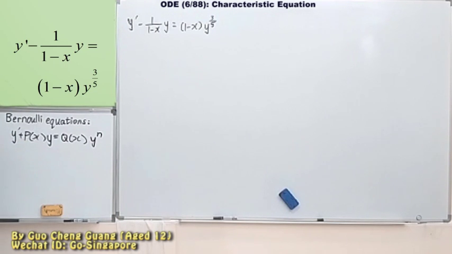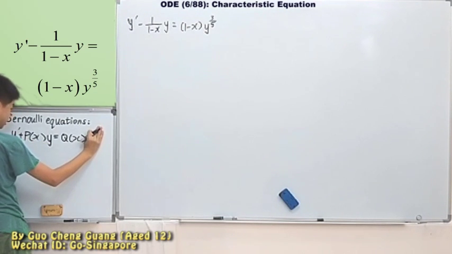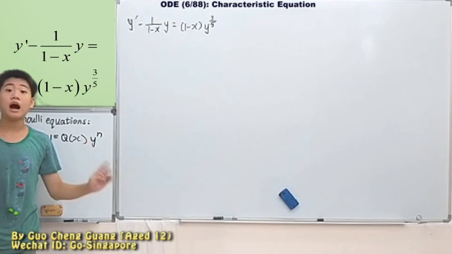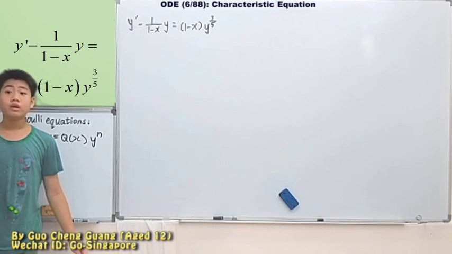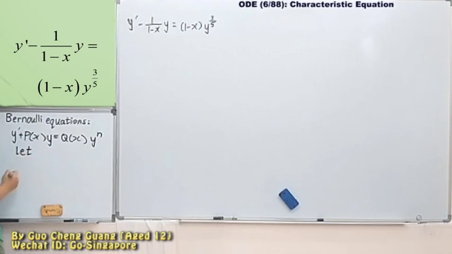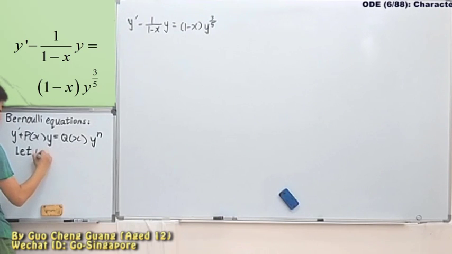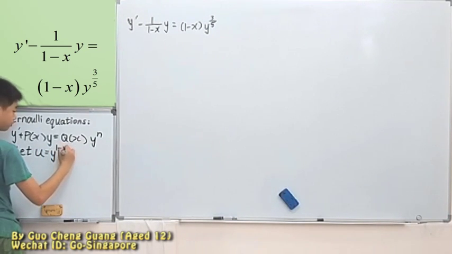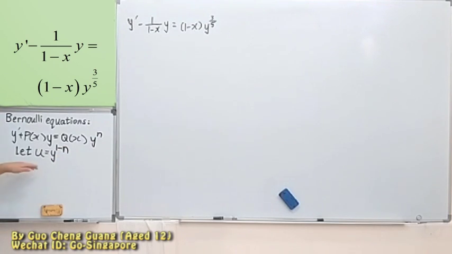Well, for this, how should you solve it? Okay, if we remove one part, let's just say we remove this part, the rest we can solve by using the IF, or the integrating factor. Then we'll need to let u be y to the power of 1 minus n.